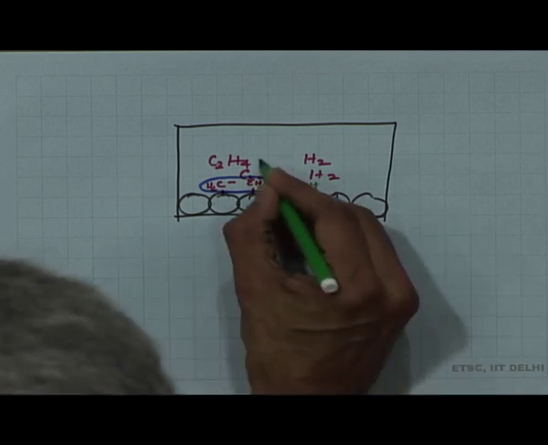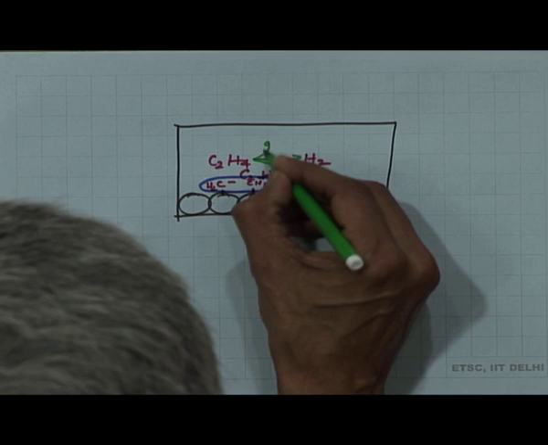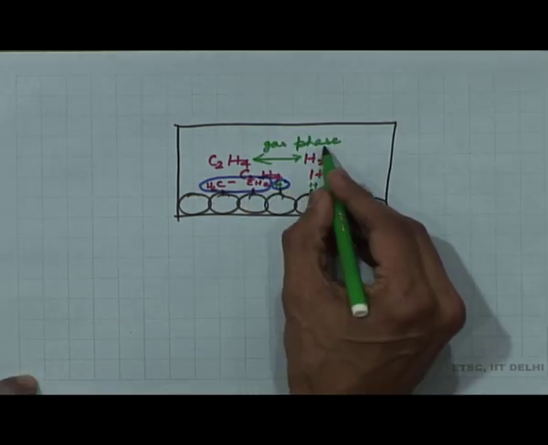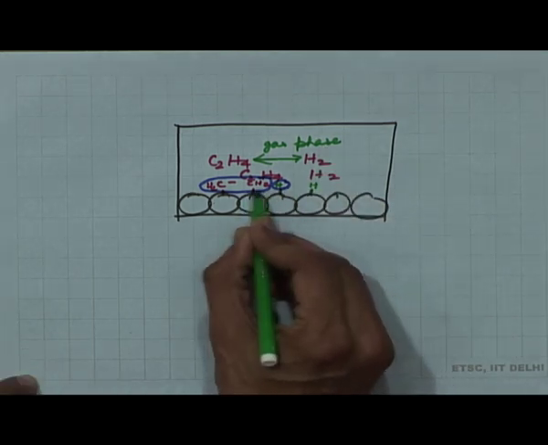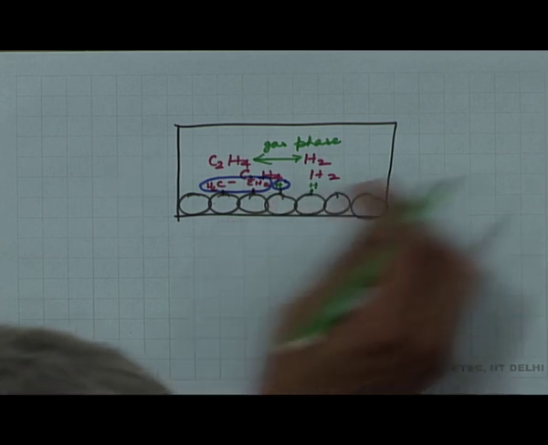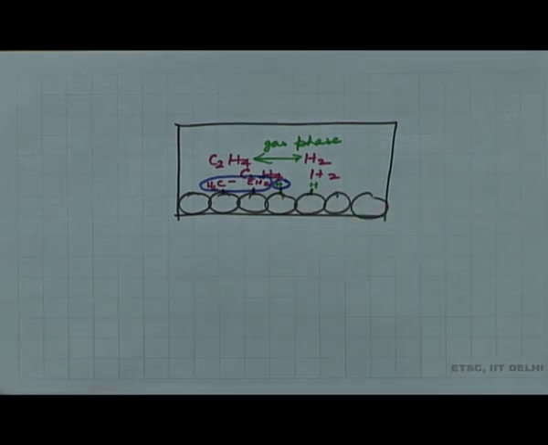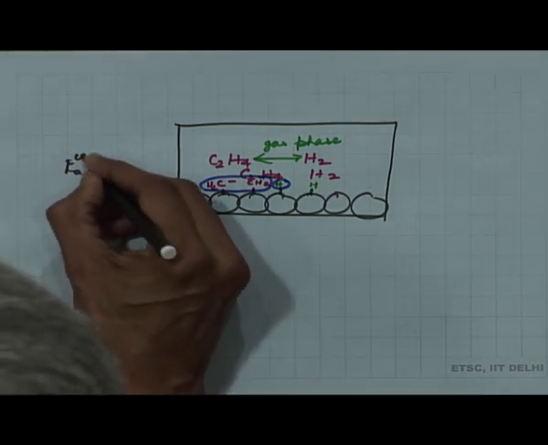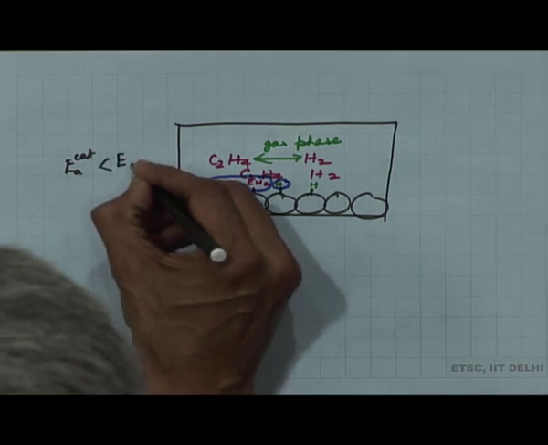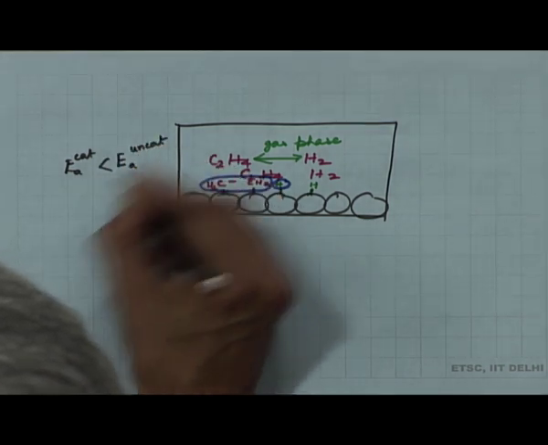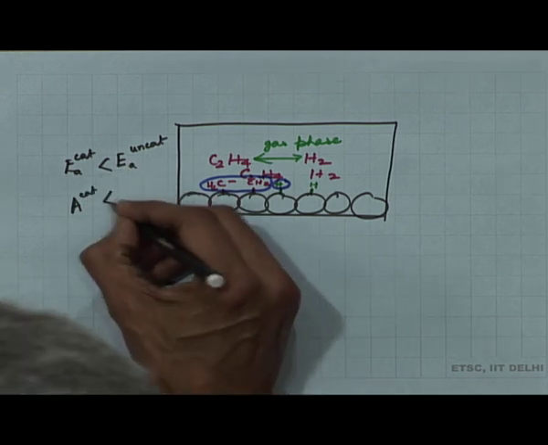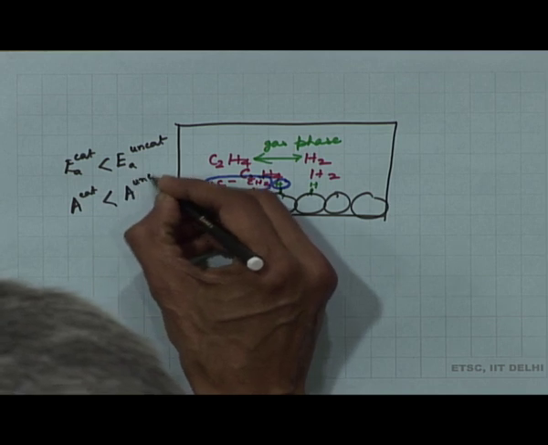So, the gas phase collision here is going to be much higher than the collision that we have between two species which are bound to the surface. So, although EA catalyzed is less than EA uncatalyzed, A catalyzed, that is the pre-exponential factor, is less than A uncatalyzed.